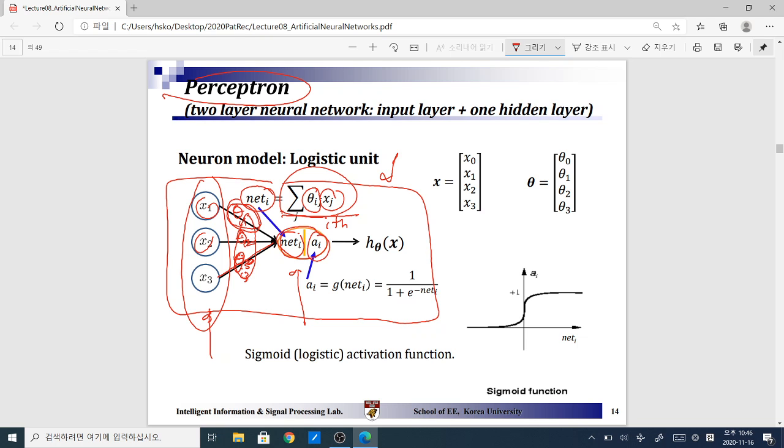The second task is to perform this nonlinear mapping, where a typical nonlinear mapping uses a sigmoid or logistic activation function. So this is the perceptron, the simplest possible artificial neural net model.